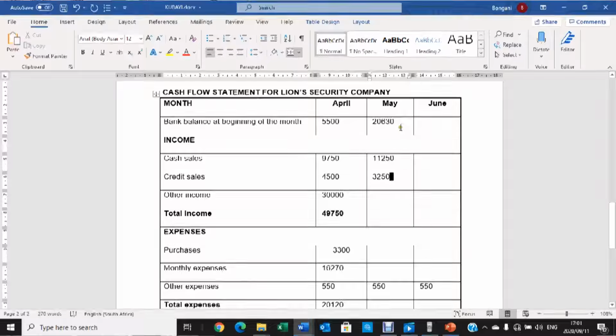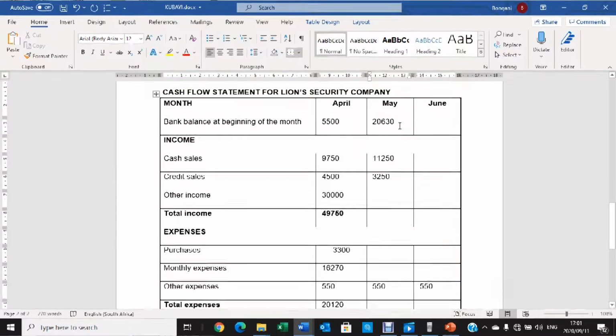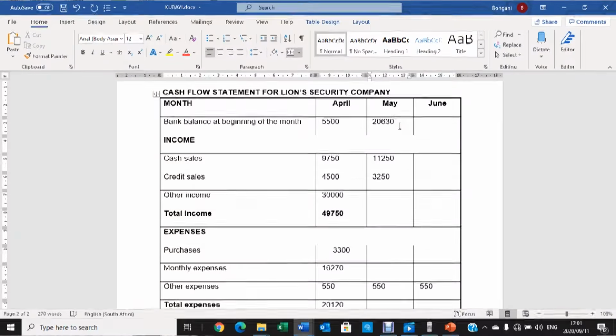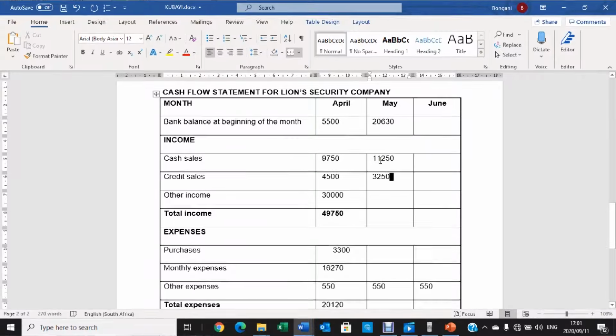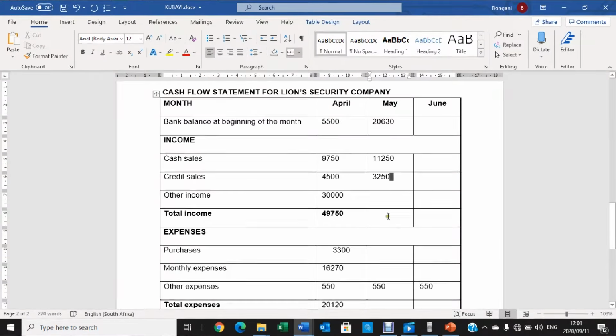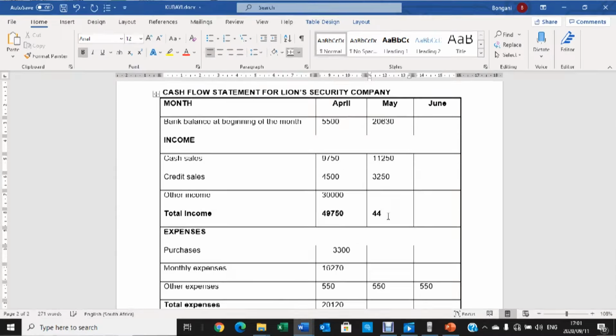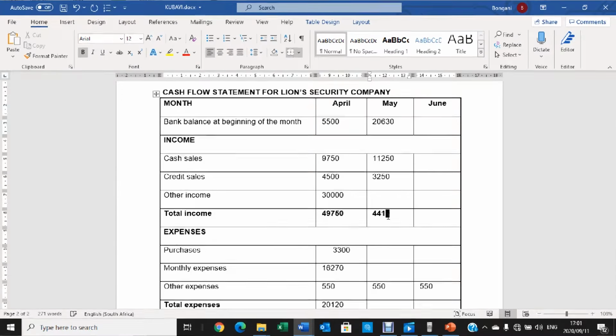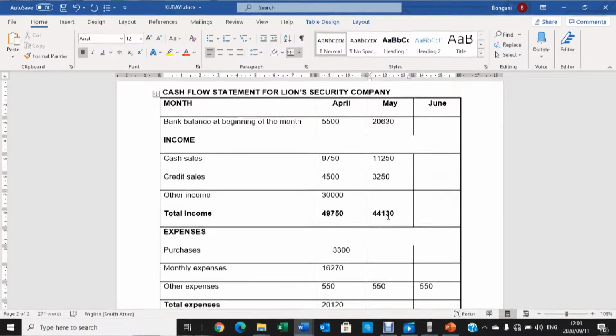Our total income, again, we are going to add the balance at the beginning of the month, which is 20,630, and we add 11,250 plus the 3,250, which is going to give us 44,130. 44,130 as our total income.